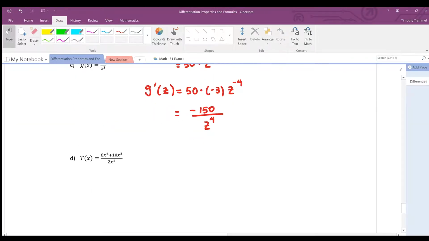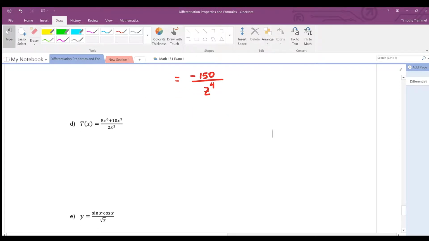For D, this is another one where you might look at it and say, hey, I want to use the quotient rule. But if we look at this one and think about this a little bit harder, we might see that maybe there's an easier way we could do this problem. Some of you might think about factoring here, which will end up resulting in the same thing that's going to happen here with what we're going to do.